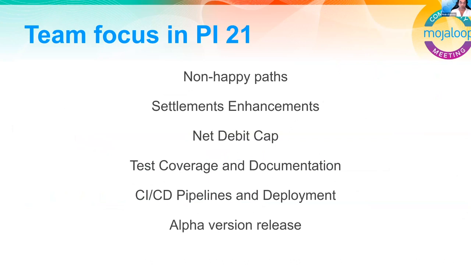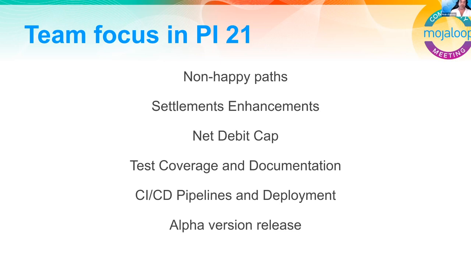All of the perfect condition features and use cases were working, and we demoed that to everyone in the community. What we've been focusing on in PI 21 has been the non-happy path. As curious as it might seem, the non-happy path is actually a lot more work than the happy path.